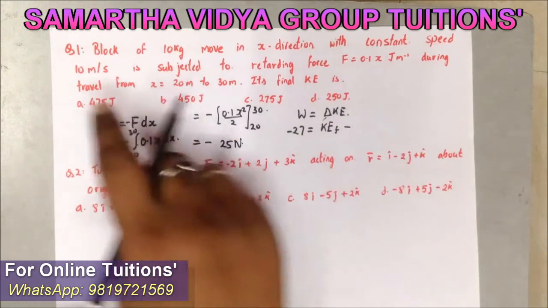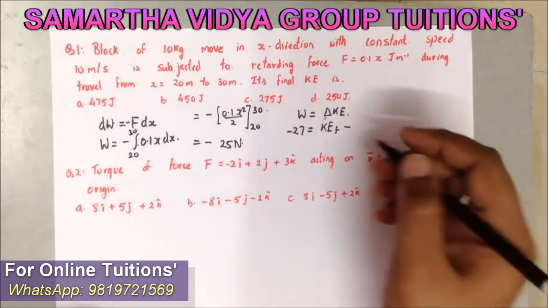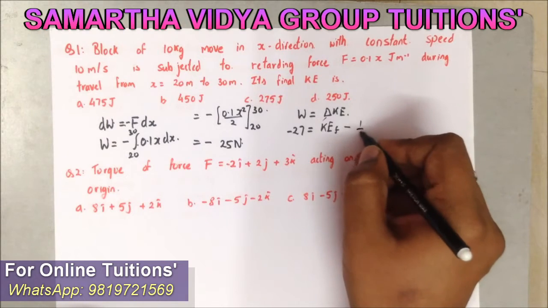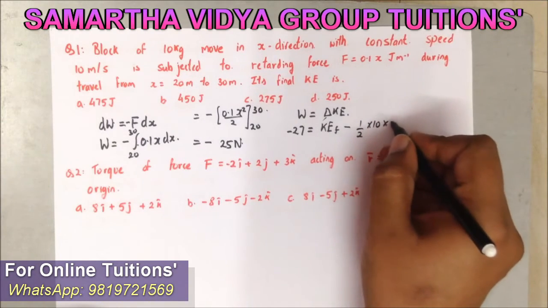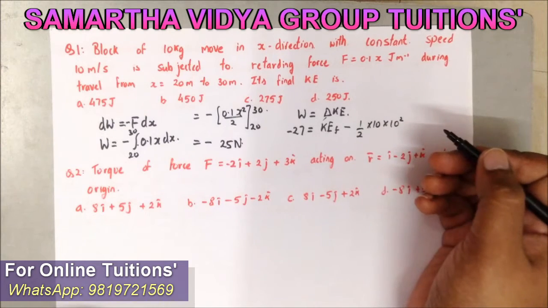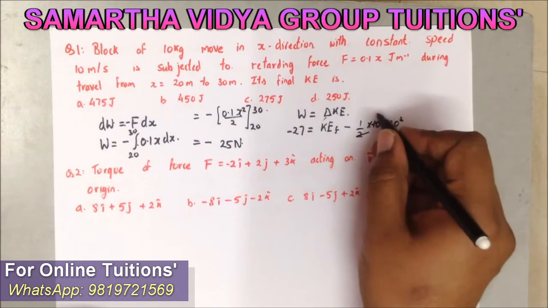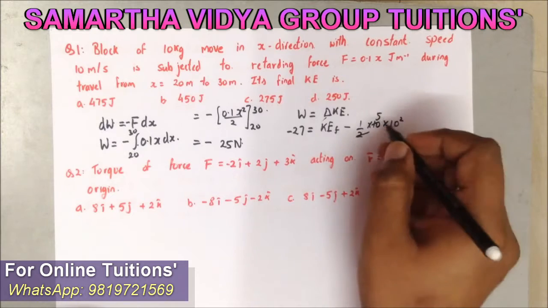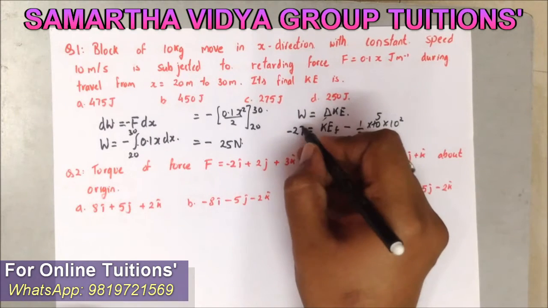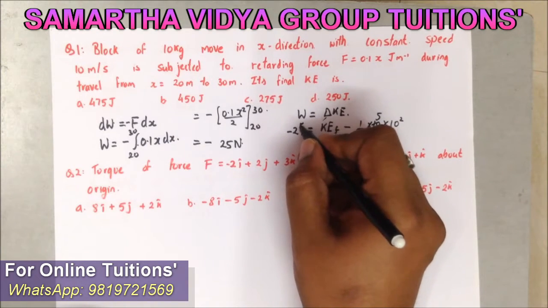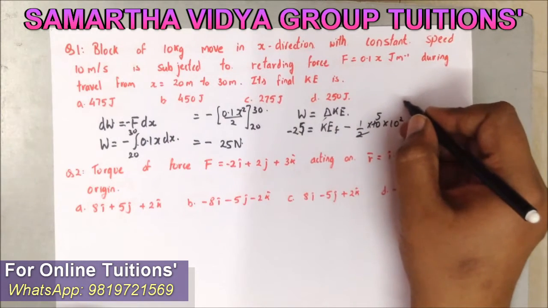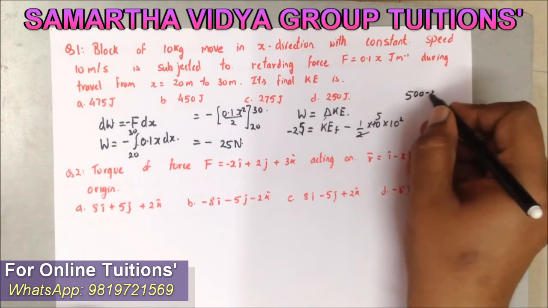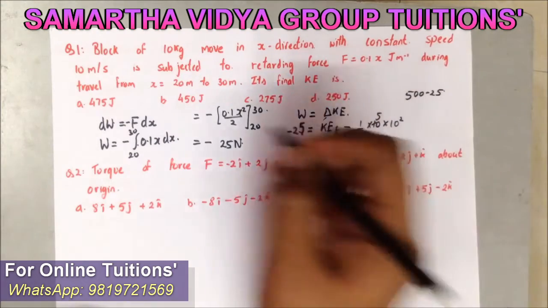Initially it was moving with 10 meter per second, so it's half m v square, that is half into 10 into 10 square. This value comes out to be 500, so it's 500 going that side, so it's 25. So the value of kinetic energy is 500 minus 25, which is nothing but 475.